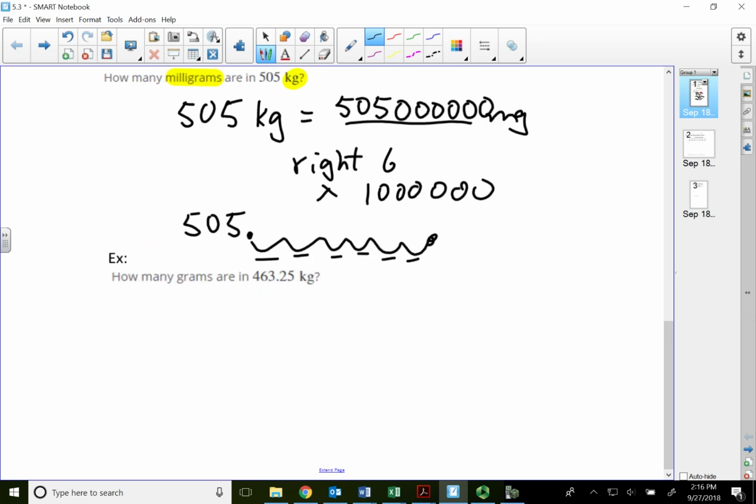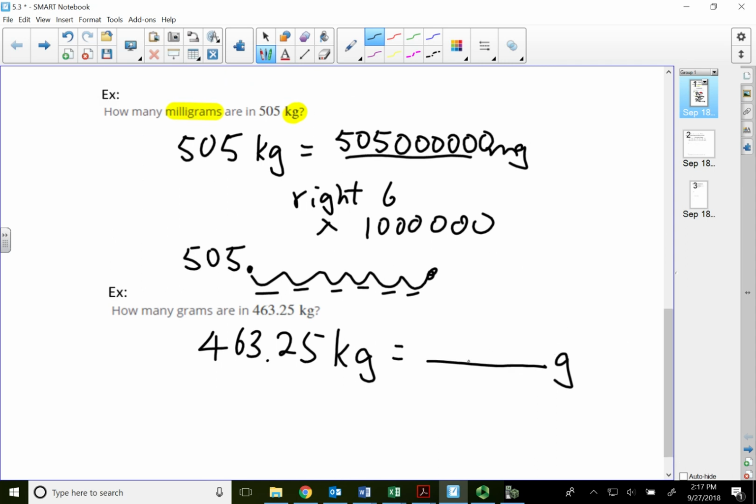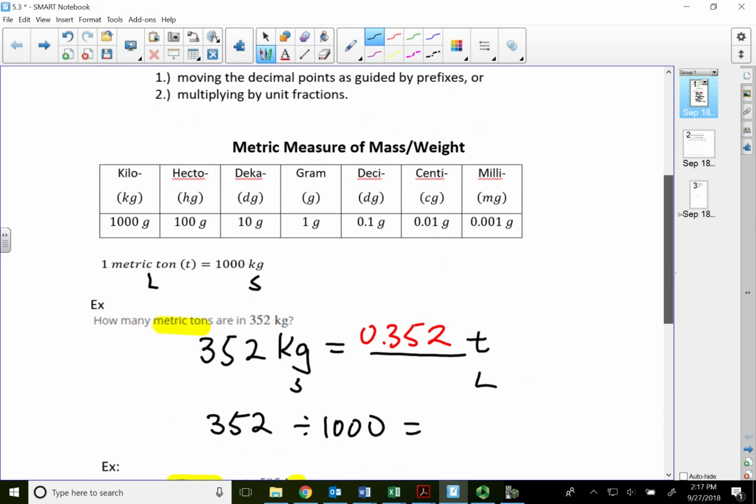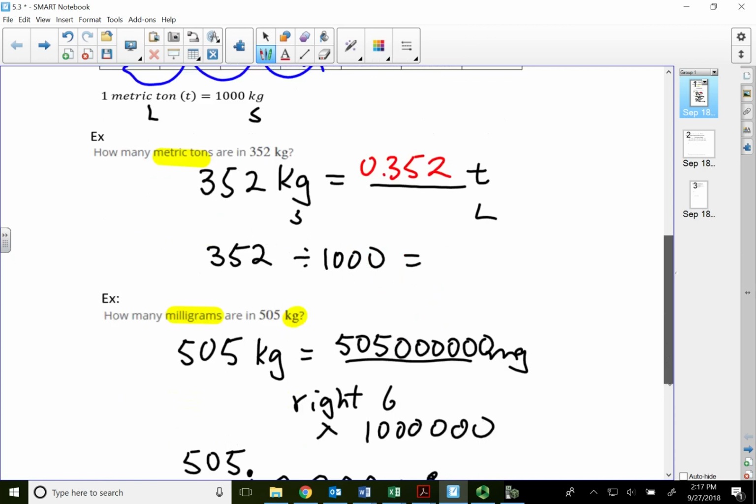How many grams are in 463.25 kilograms? This time it wants me to convert kilograms into grams. Starting at kilo, I need to go to gram. Kilo to gram: 1, 2, 3. Gram is right here in the center, just like liters and meters. 1 meter, 1 liter, 1 gram is in the middle.